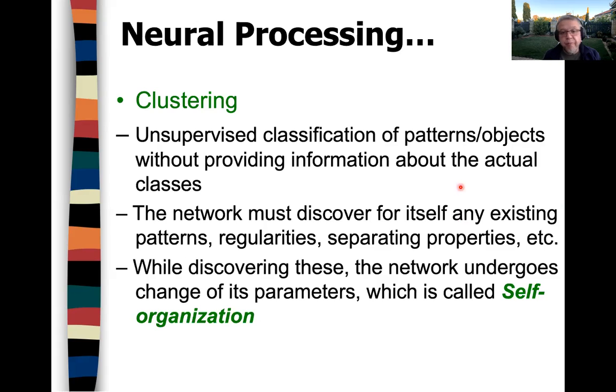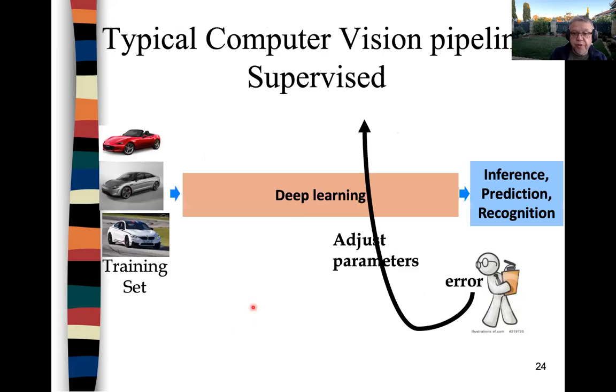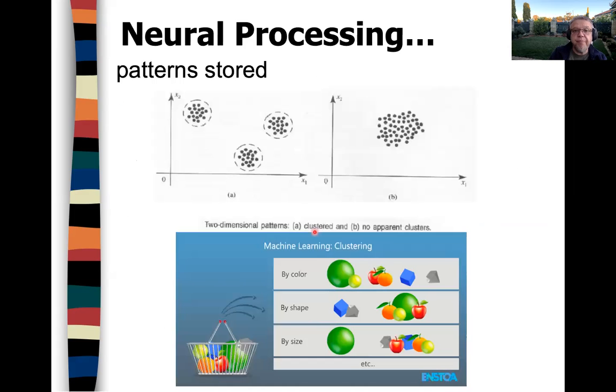So the network must discover for itself any existing patterns, regularities, separating properties, and so on. While discovering these, the network undergoes change. When it's learning, it changes its parameters, and this is called self-organization. So it adjusts by itself the parameters of the network without a supervisor.